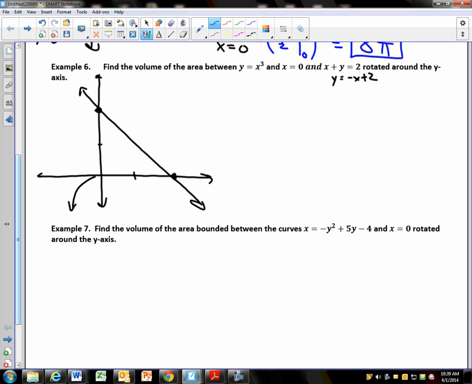It starts down here, just like that. And then we have the vertical line x equals 0, which is the y-axis. So would everybody agree I have this shape right here? And we're going to spin it which way? Around the y-axis. Oh boy.